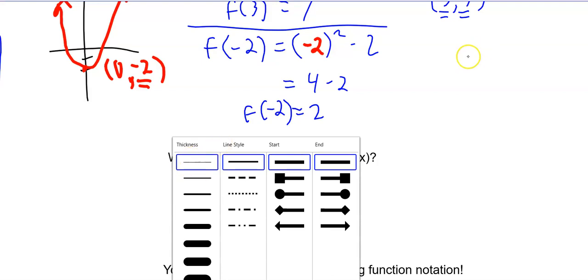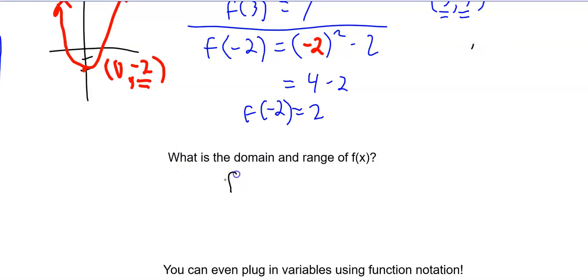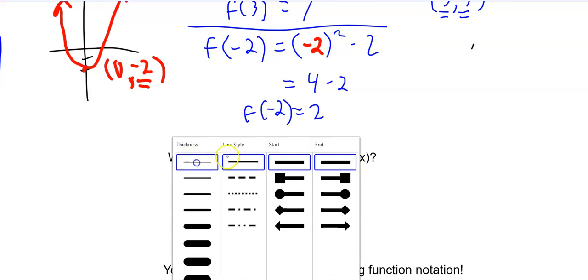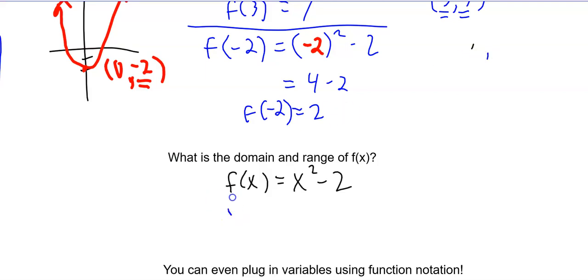You can also plug variables in there. I think the function here was f of x equals x squared minus 2. What I mean is you can plug in variables. So if the question was, and they could definitely ask this, what is f of 3x? Everywhere there's an x, I'm going to plug in 3x, right?